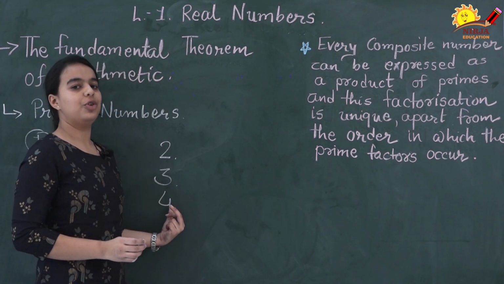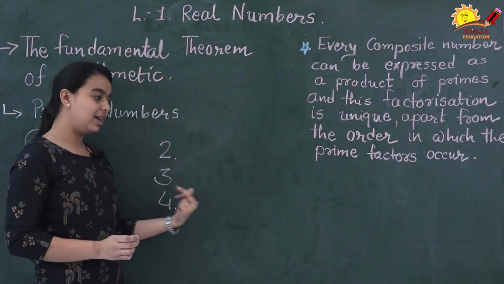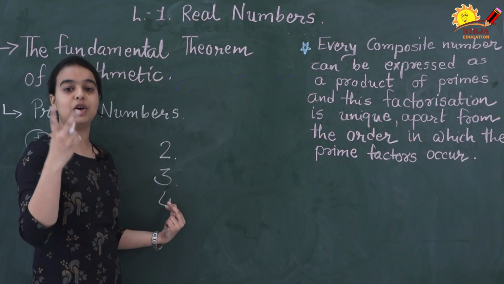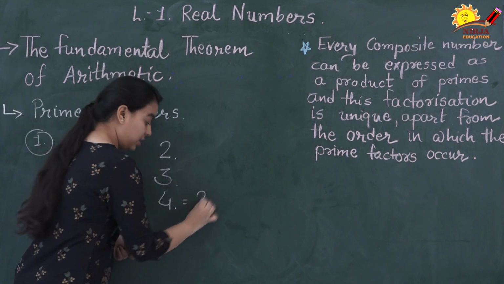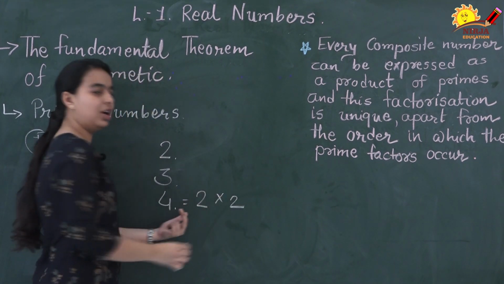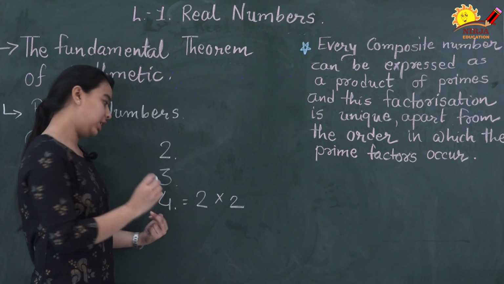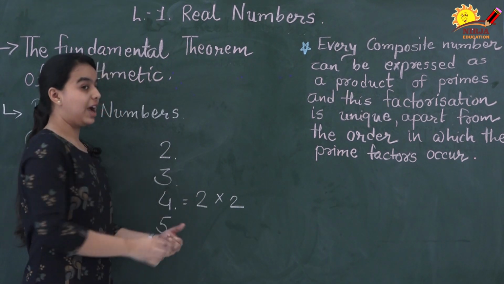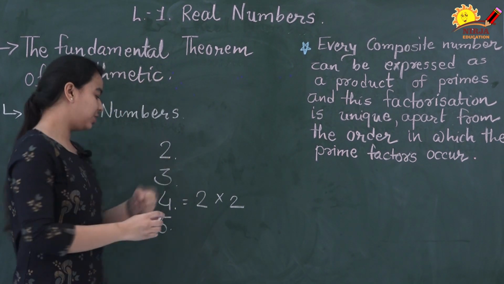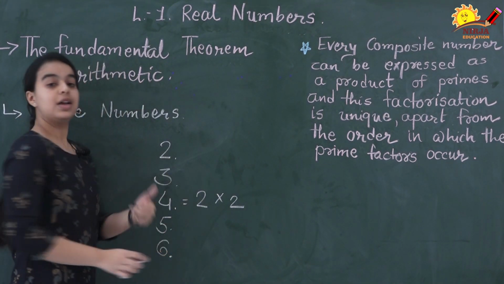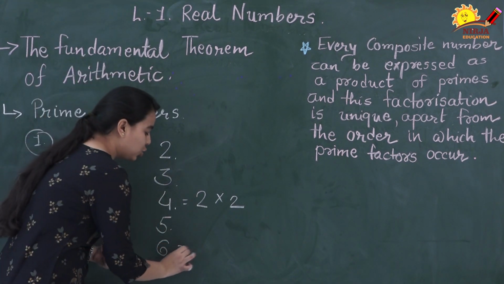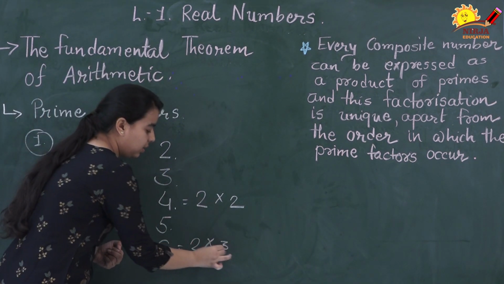In the case of 4, I can write this 4 as a product of two integers and yes, they are smaller than the 4. After 4 it comes 5. 5 also we cannot express. After 5 it is 6. 6 I can write as 2 multiplied by 3.